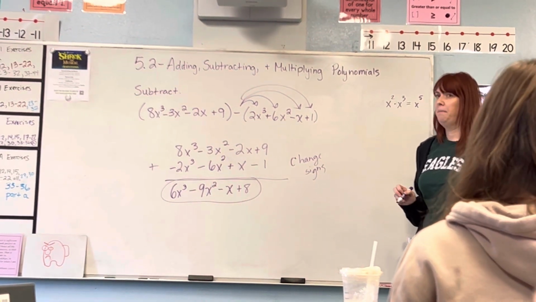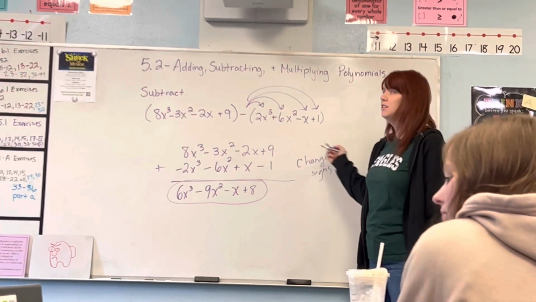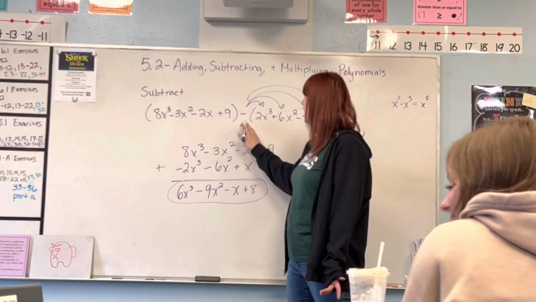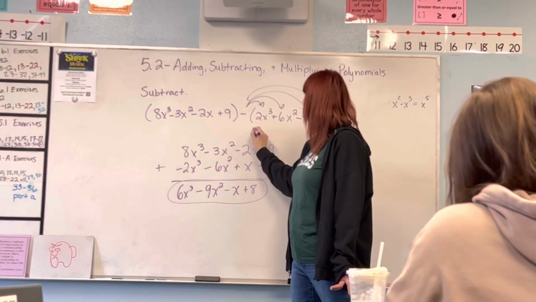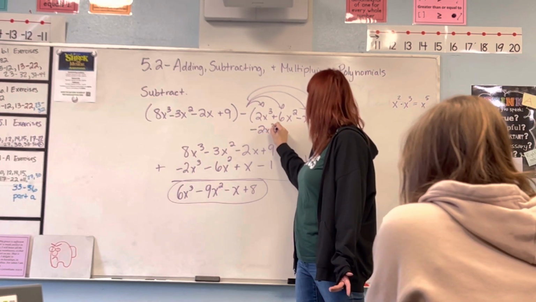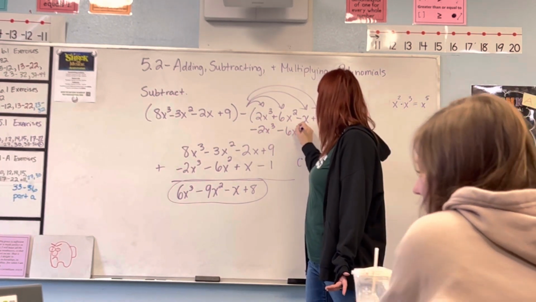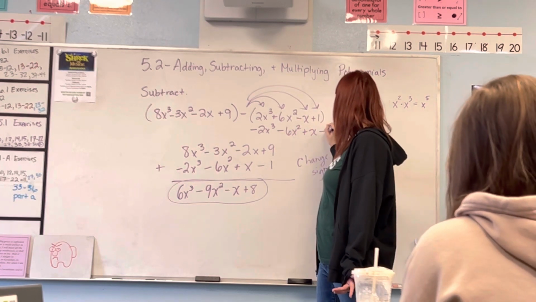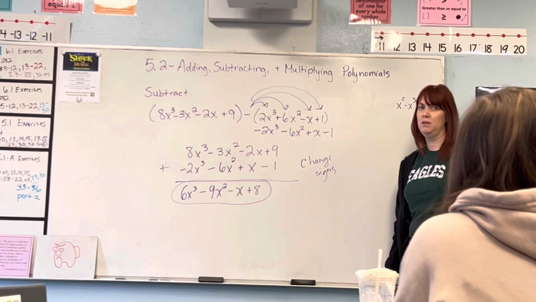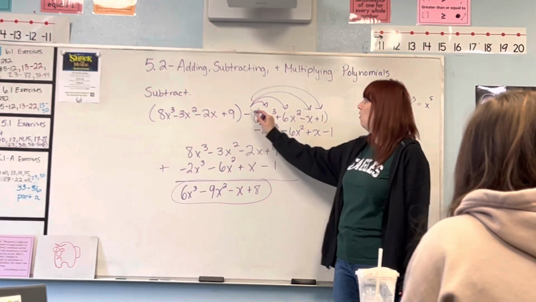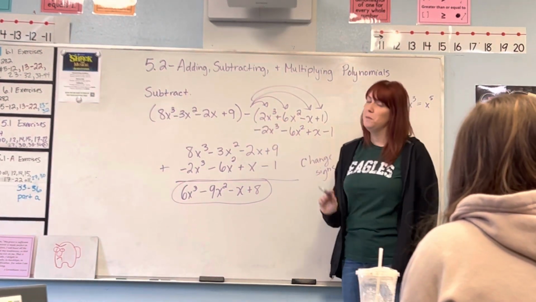Easy peasy, right? If you had done this horizontally, what I always do on my paper is rewrite all of this. I distribute this and change every sign. I go negative 2x to the third, negative 6x squared, plus x minus 1. Those of you that do not rewrite this on your paper often make a mistake. Sometimes I see people only distribute it to the first term and that's all.